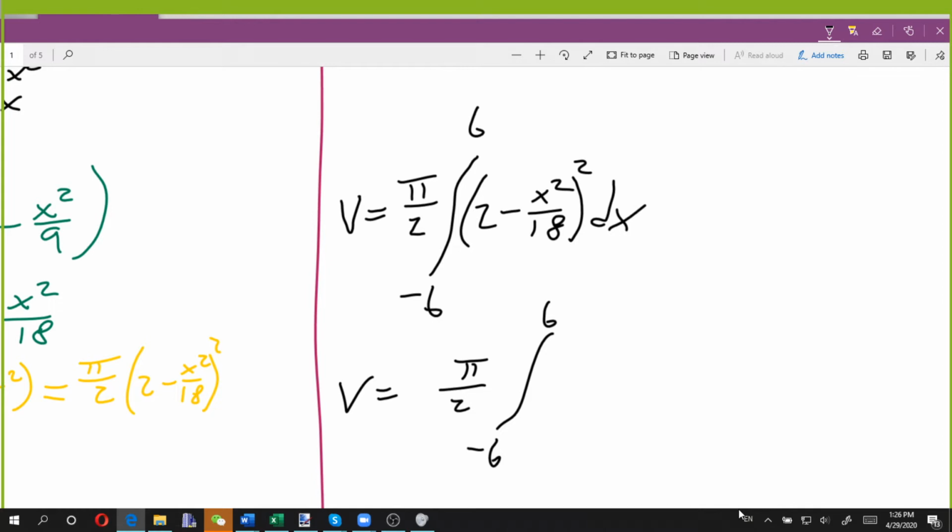I do need to integrate, but before I can integrate, I'll need to expand the square. Right, so what is 2 minus x squared over 18, squared?